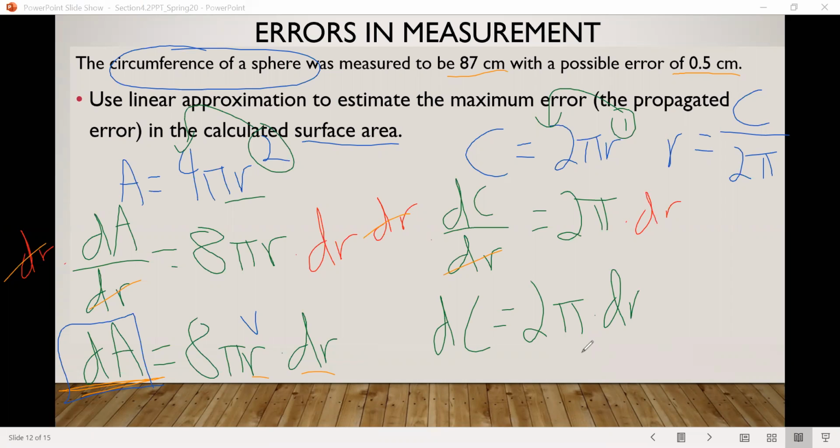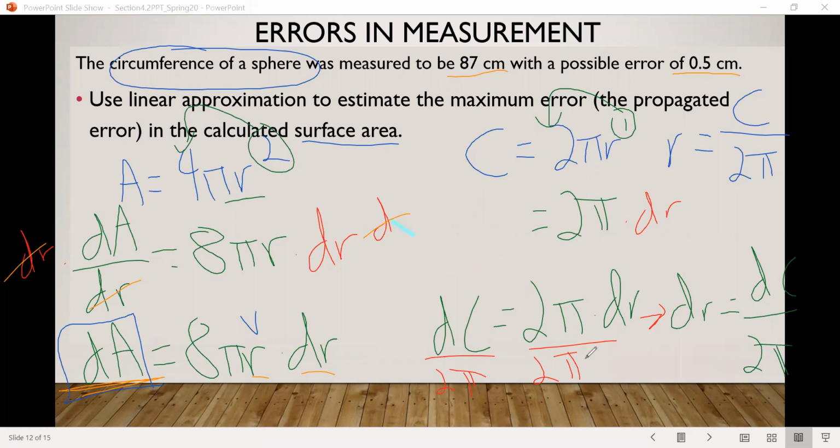And then we can actually solve for dr by dividing by 2 pi. And so what we'll end up with is dr equals dC over 2 pi. Okay. All right, so let me again erase a little bit here and write out the information we have.